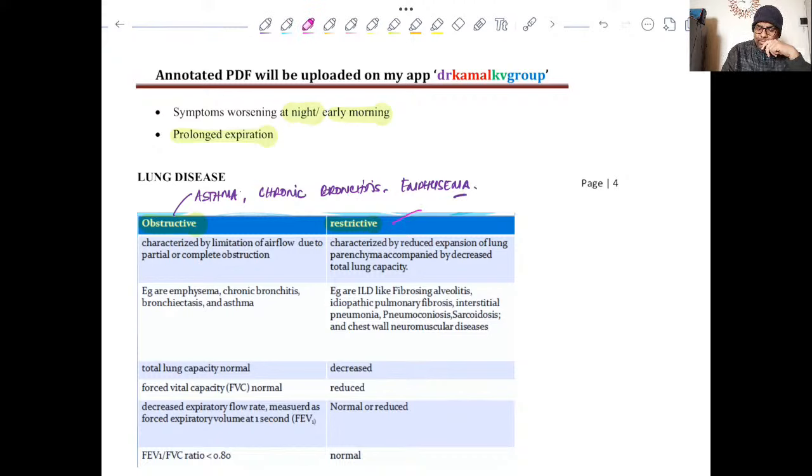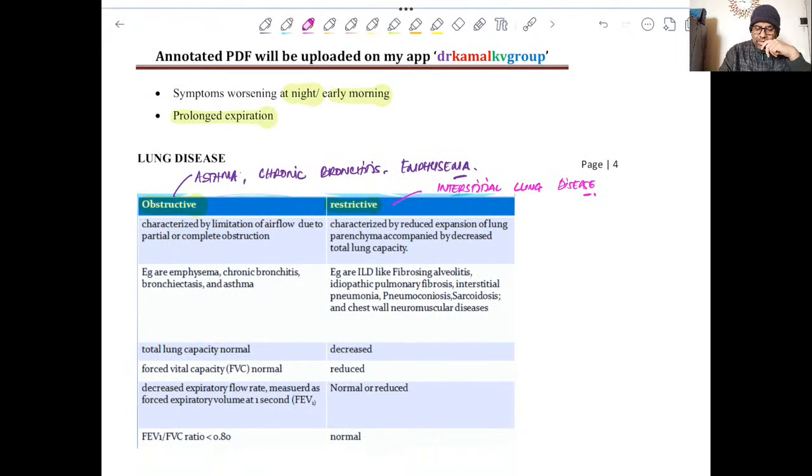Restrictive, you can include interstitial lung disease or occupational lung diseases. Clear? So what is more important here, as the name suggests, obstructive, so there is obstruction of the airways. So what will happen because of that? There will be limitation of airflow, right? Because there is obstruction to the airway.